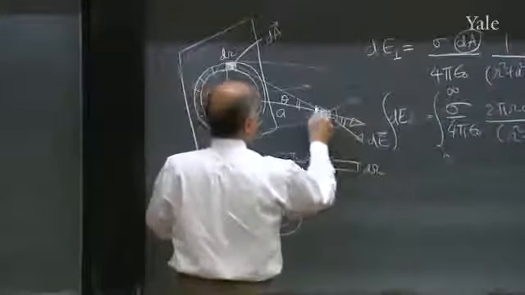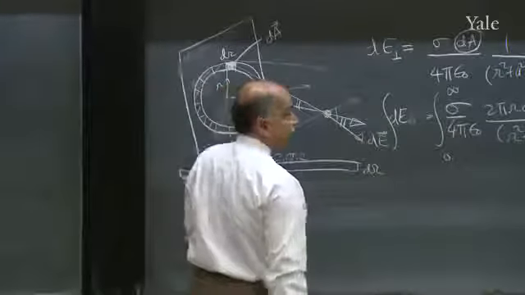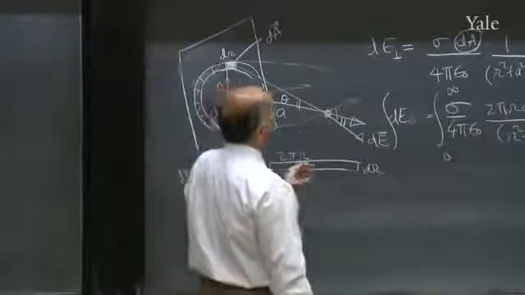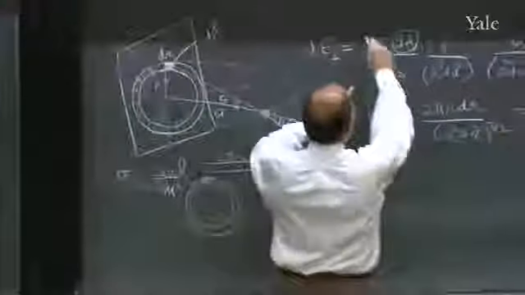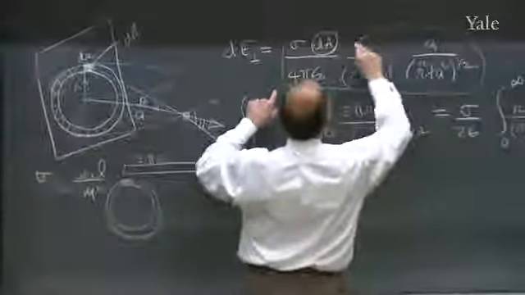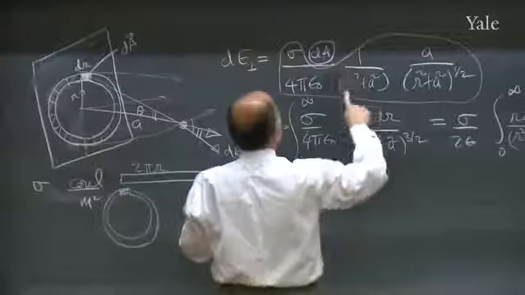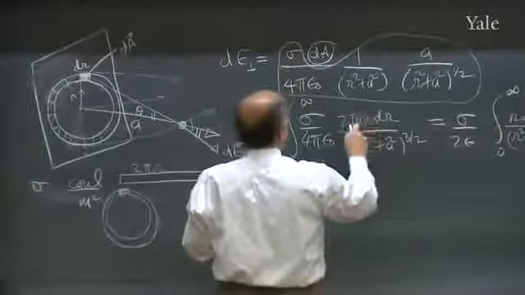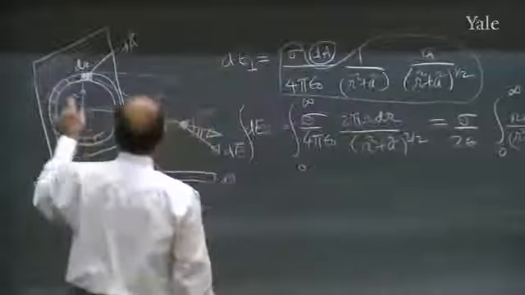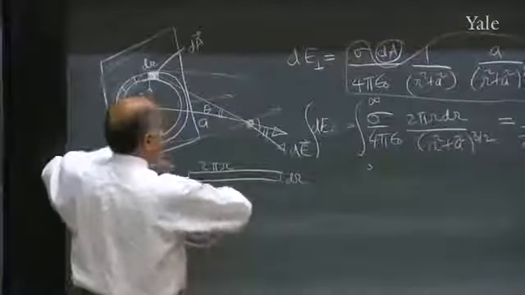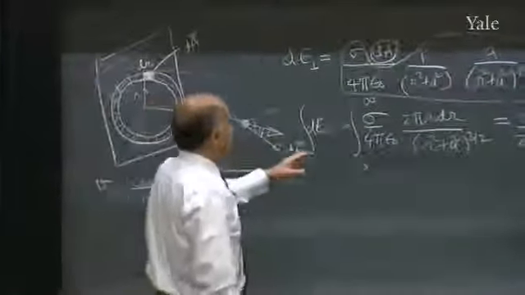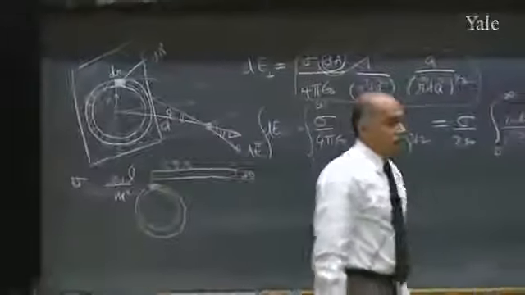That will cancel, so only the perpendicular part will survive. Then I found that the contribution from every dA had exactly these factors. They all had the same r, they all had the same a. So the sum of all the dAs, which is all I have to add, is 2 pi r dr. And that's the contribution from this annulus. Then I still have to look at annuli of every radius. So that's the integral over dr.